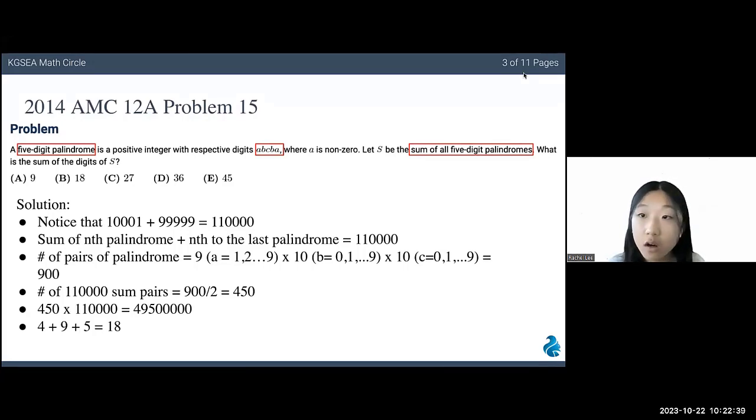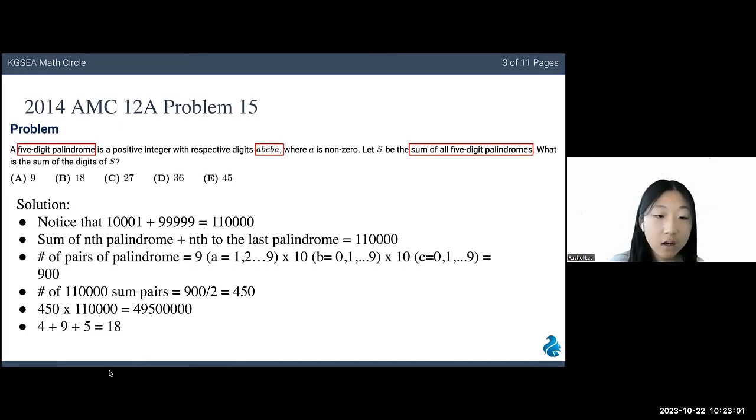So we can now count the number of palindromes that exist in the a, b, c, b, a format. Because we have 9 different possibilities for a and 10 different possibilities for b and c, since b and c include 0, there are a total of 900 different palindromes.